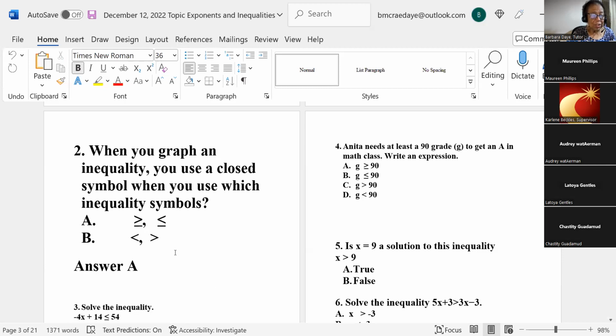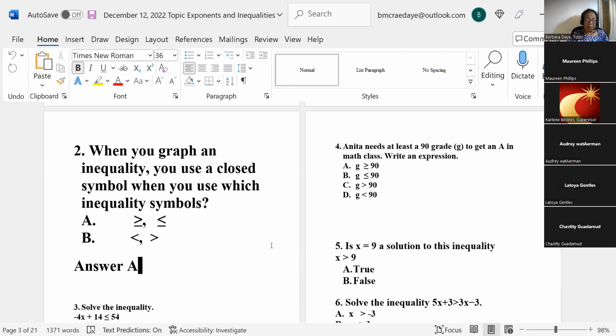Now we'll look at some of these later when we graph them, but just remember when it's closed, that means the shaded symbol is either greater than or equal or less than or equal. Either one of these symbols. Got it? Question?